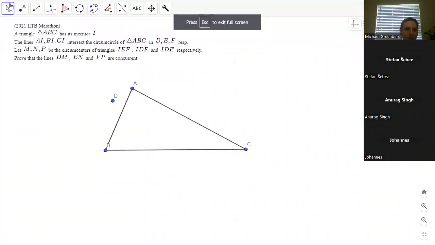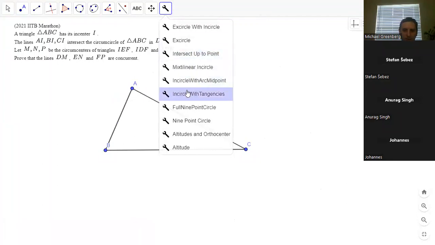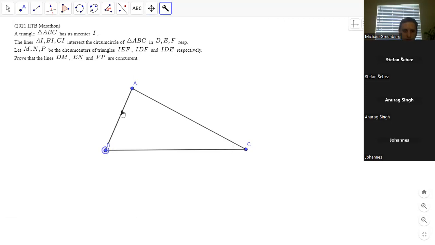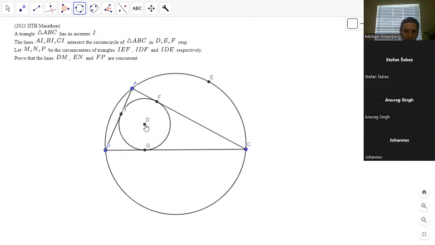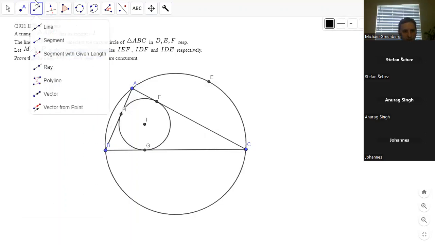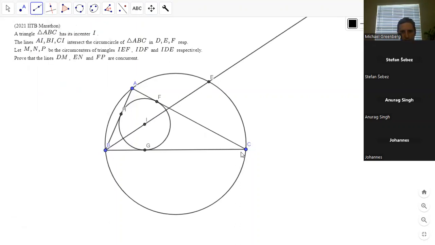Okay. So I is the center. Oh, actually, let's do this. So basically we draw the midpoints of the arcs.